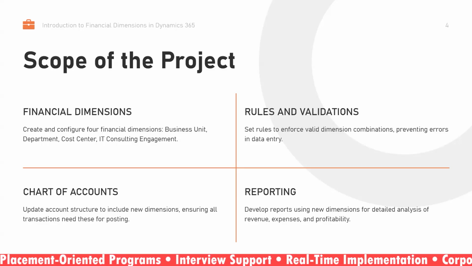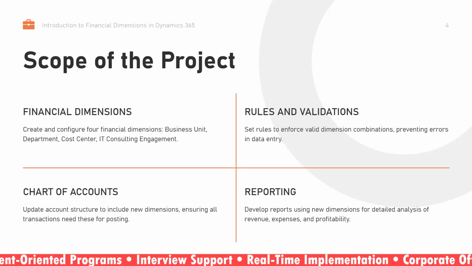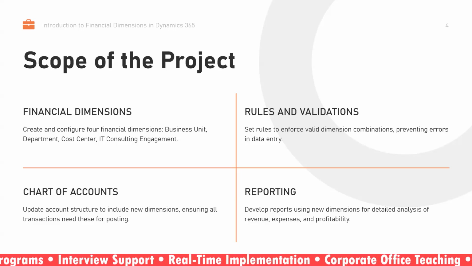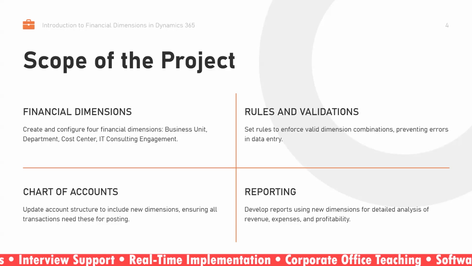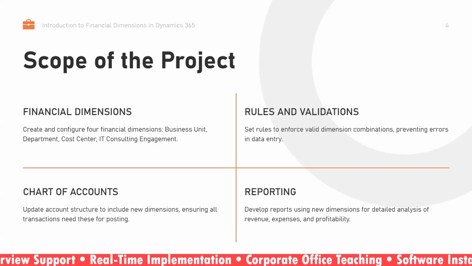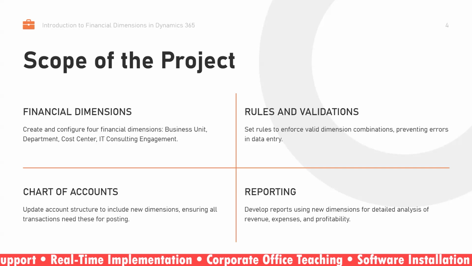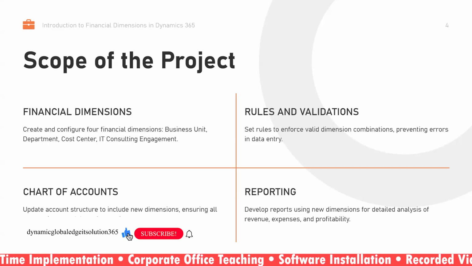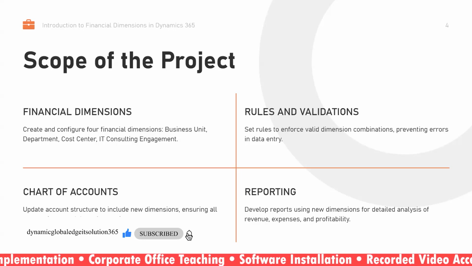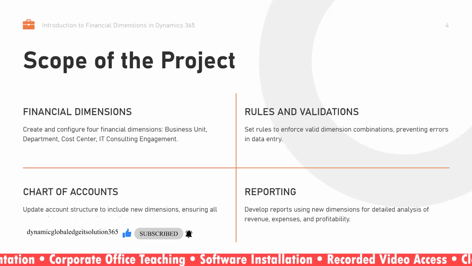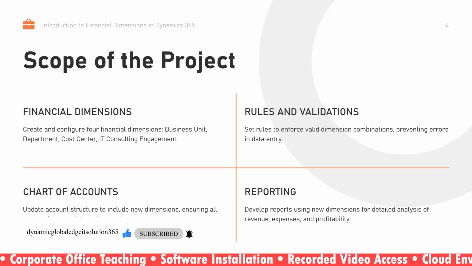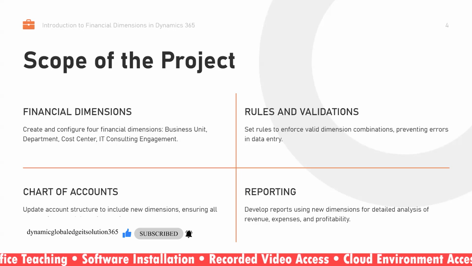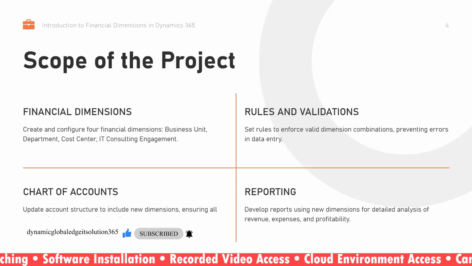In the business unit, when they select the IT consulting financial dimension, they want to select consulting-related products like Dynamics 365 Finance and Operations, Oracle, SAP, or the firms practicing them, especially consulting firms like Deloitte, KPMG, and PwC. That is going to link in the chart of accounts, and whenever you want a report, you can use the same.